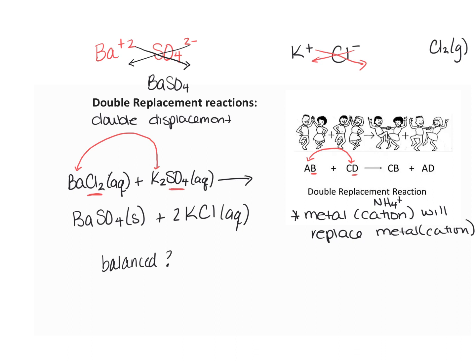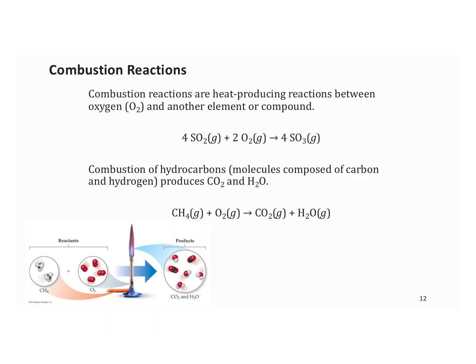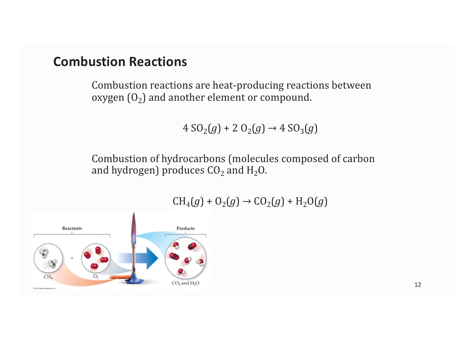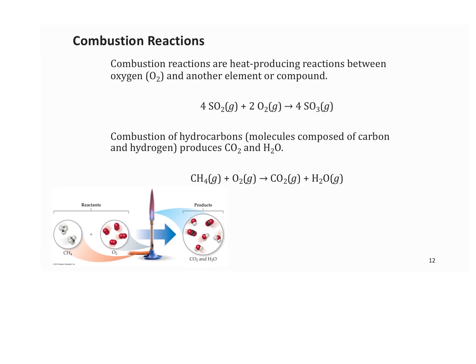Now, let's talk about the last type of reaction in this screencast, which is combustion reactions. Now, combustion reactions produce heat and almost always react with oxygen and another element or compound.